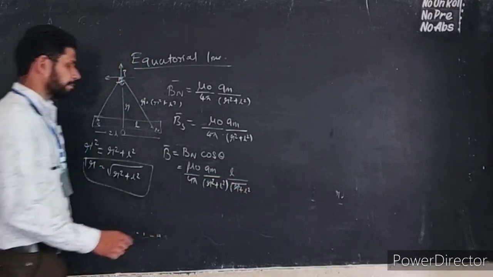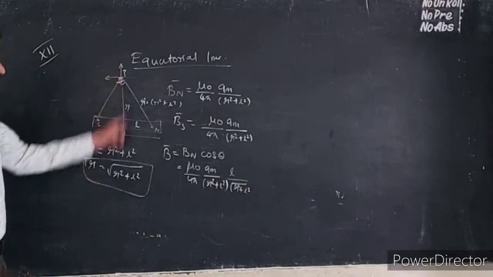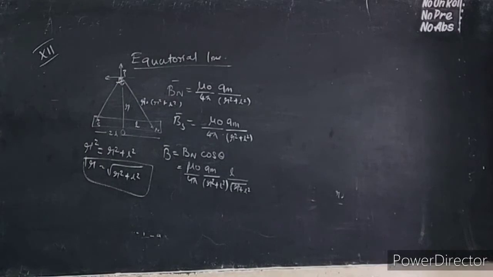So adjacent by hypotenuse becomes L by root of R square plus L square. So qm into 2L, it will become qm into 2L by R square plus L square.